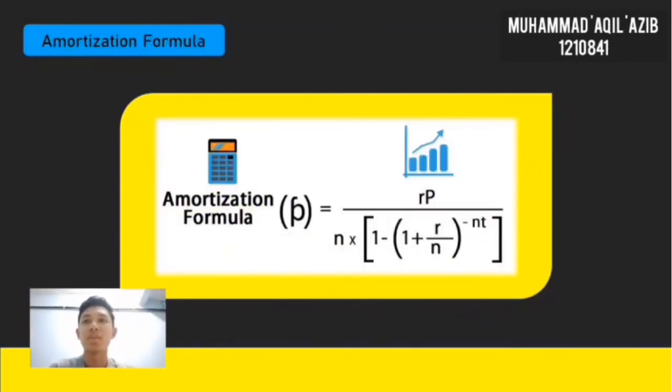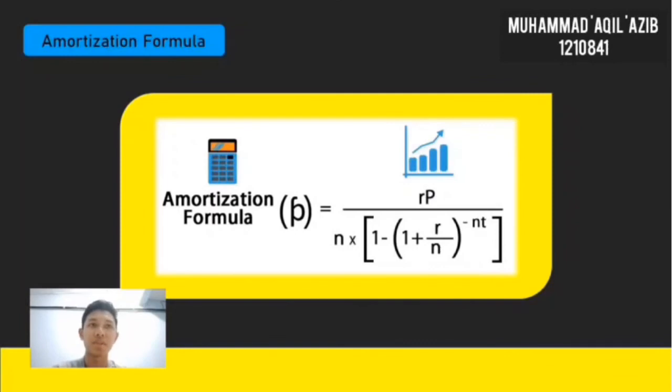Here, we could see the amortization formula. An amortization calculation actually depends on the principal, rate of interest, and time period of the loan. Amortization can be done manually or by Excel formula, for both are different. Now, let's see how to calculate amortization manually.